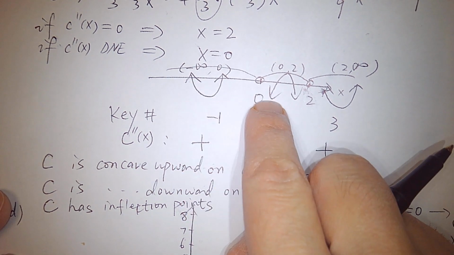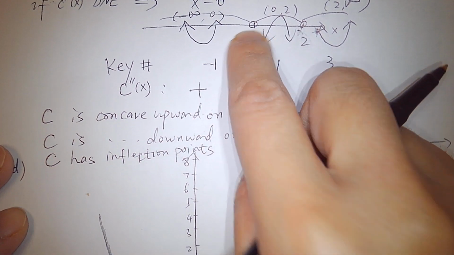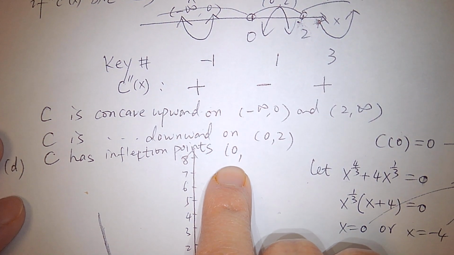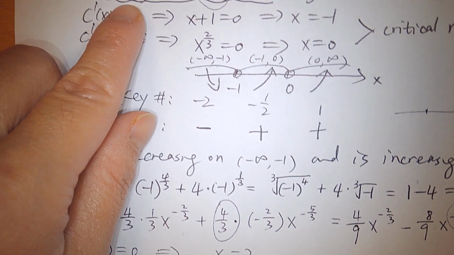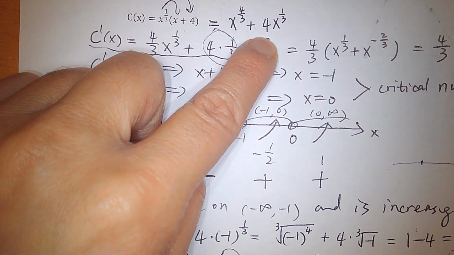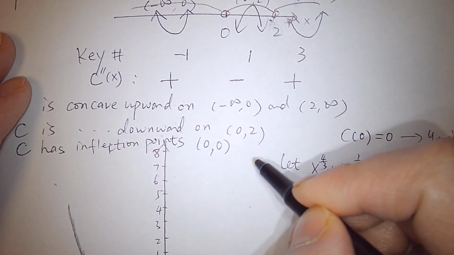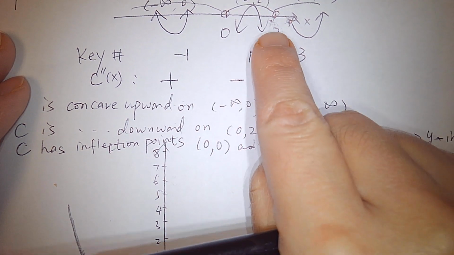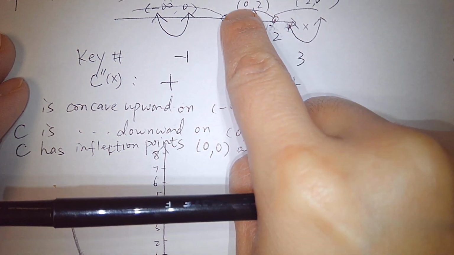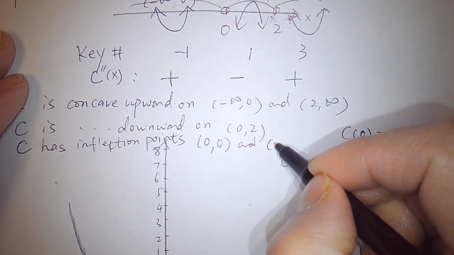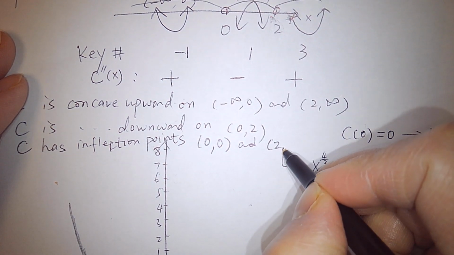See here, when x equals 0, what is the c value when x equals 0? 0, right? So the inflection point is (0, 0), and when x equals 2, the concavity changes, right? So when x equals 2, what is the corresponding y value?